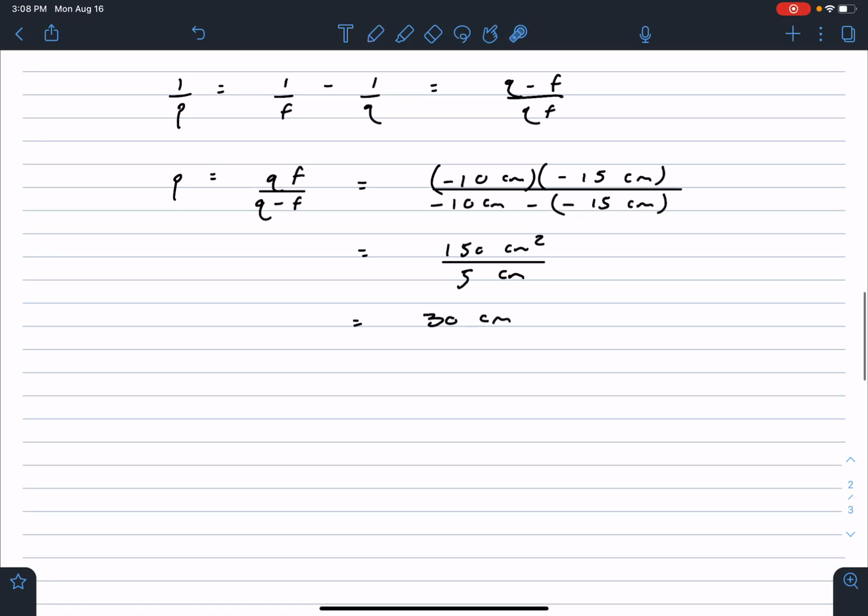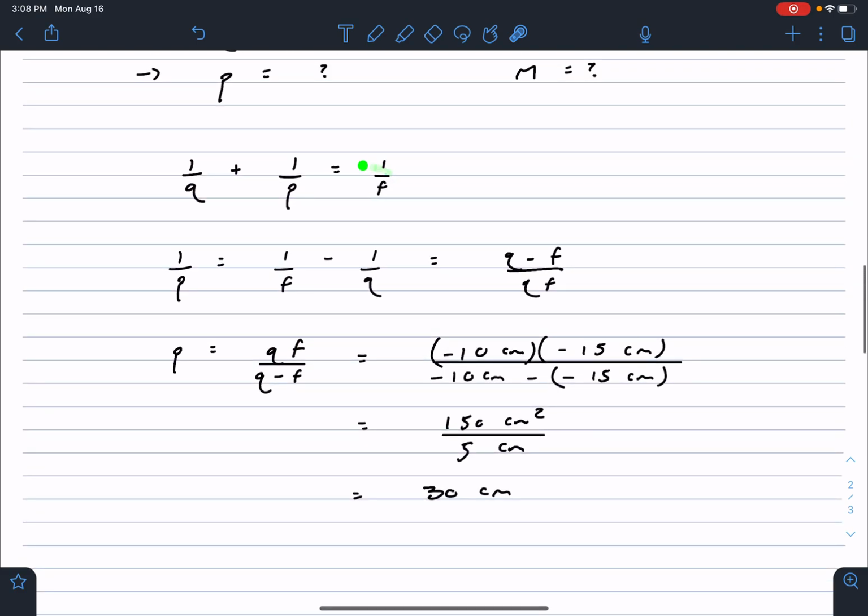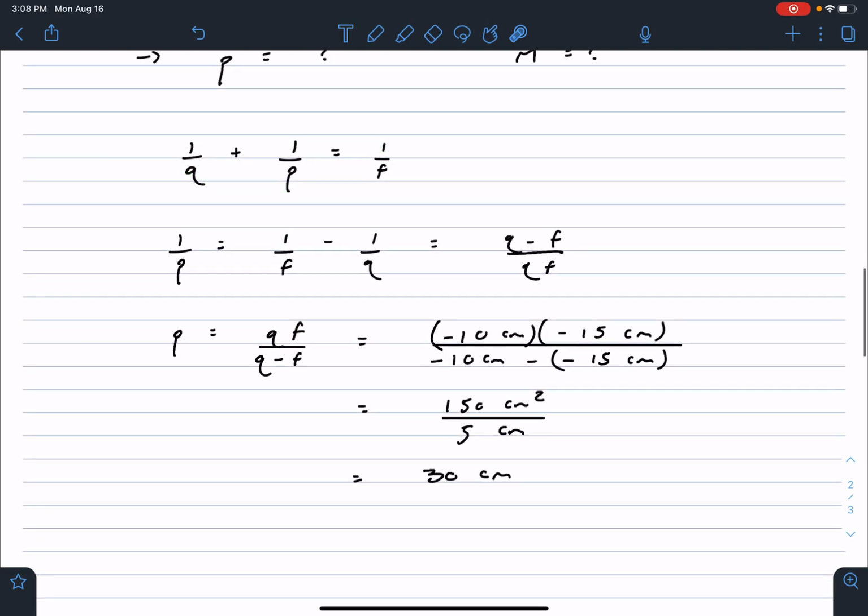All I did is plug into the formula that we're given and solve for the value we want, making sure to be careful of the units. This is centimeters squared over centimeters, which gives you a unit of centimeters.